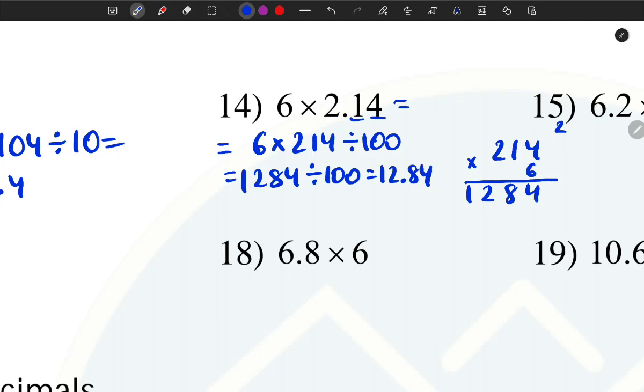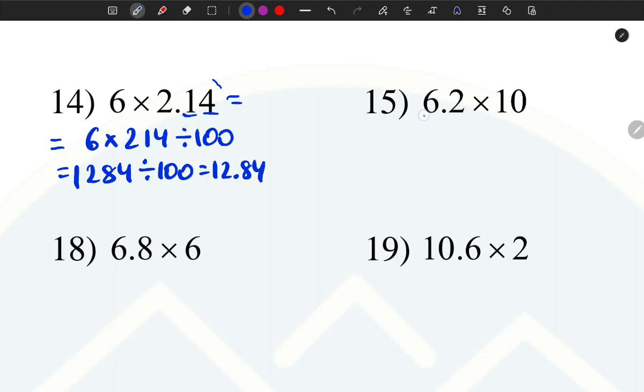Or we can write this multiplication how? You can multiply 214 by 6, you get 1284. How many decimal numbers here? 2. In your answer there should be 2 decimal numbers also, and you put your decimal point here and you get 12.84.